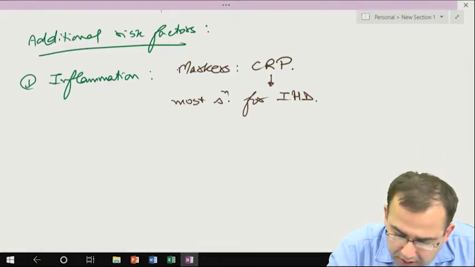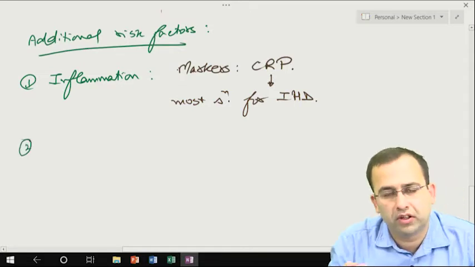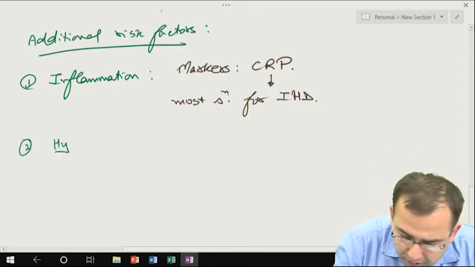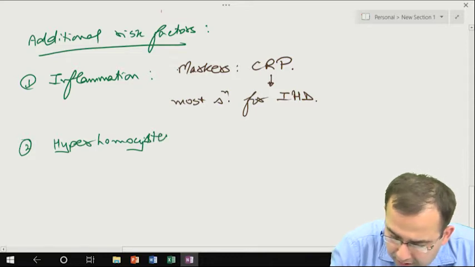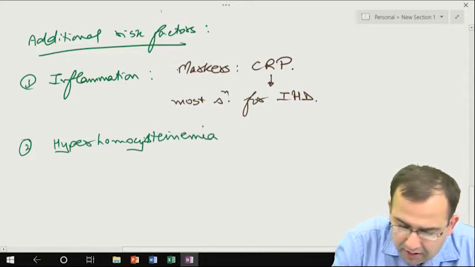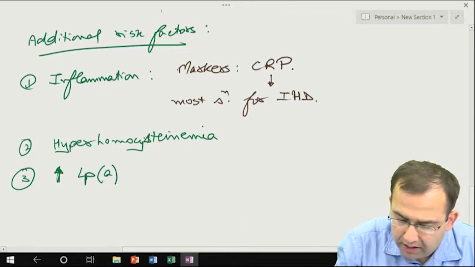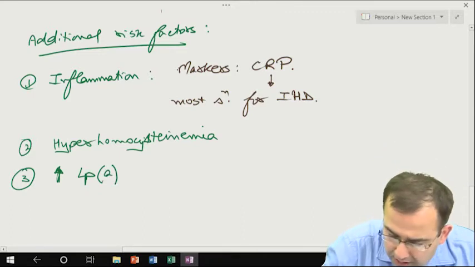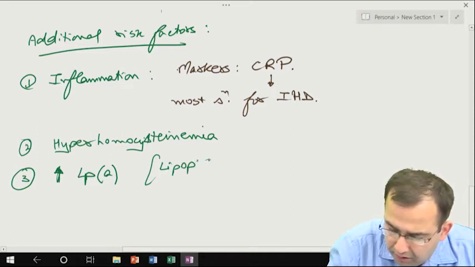Other risk factors for atherosclerosis are hyperhomocystinemia, and increased lipoprotein little a. It is written like this, LP small a, that is lipoprotein. You know this very well from biochem.